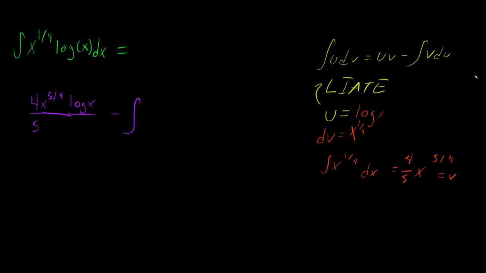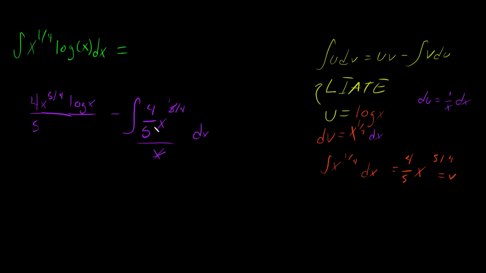So then we're doing v du. V is what we just found, and then du, if you know the derivative of log x, it's just 1 over x dx. Okay. So this will cancel out with most of this, or you basically just divide by x.